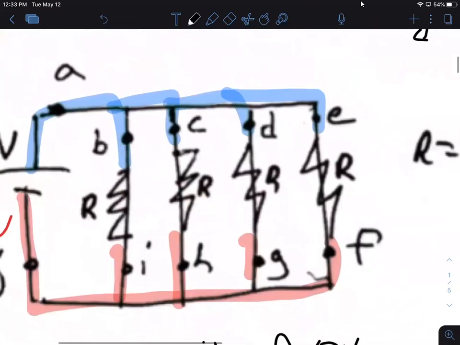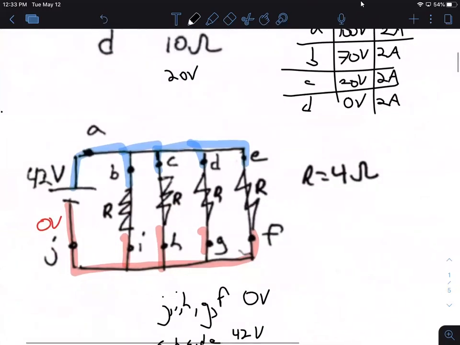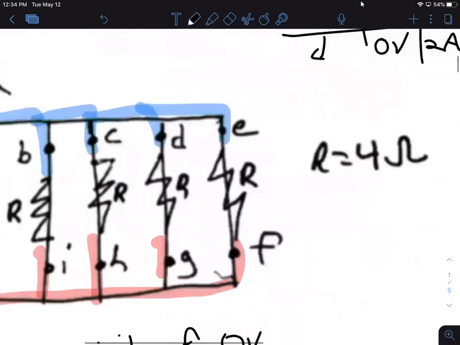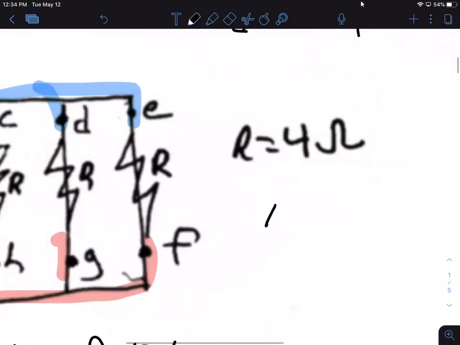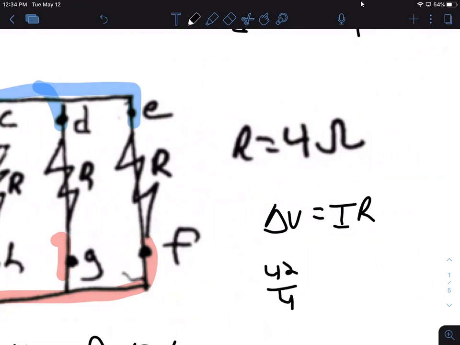Now let's think about current. I'm told each of these resistors is 4 ohms. I know the delta V for each one. They're going from 42 to 0. Ohm's law tells me delta V equals IR. So 42 over 4.